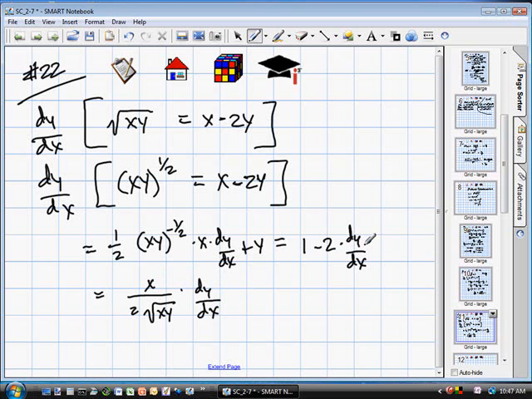Should we then add this minus 2 dy dx to the left side? And then let's just subtract y. I rewrote the thing without the fractional power, and I'm gathering the dy dx terms on the left. Next, we can factor out the dy dx terms.